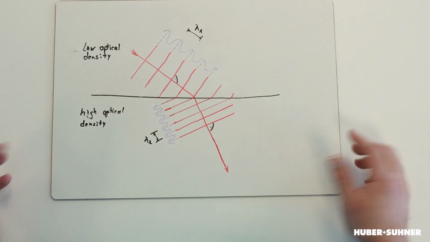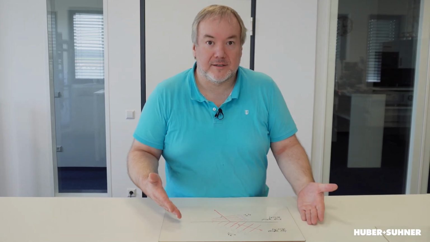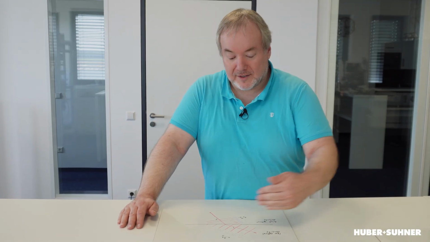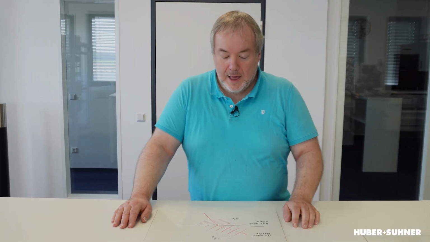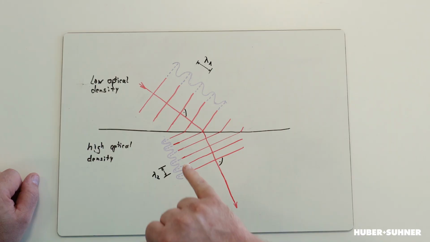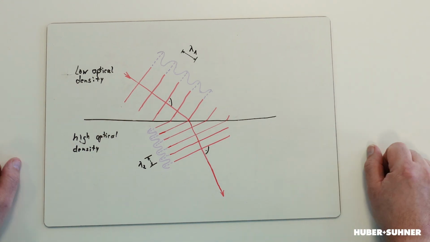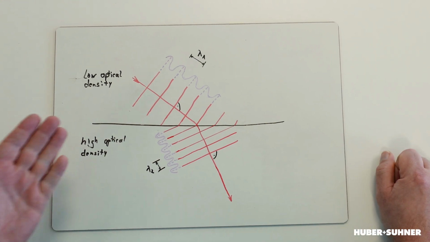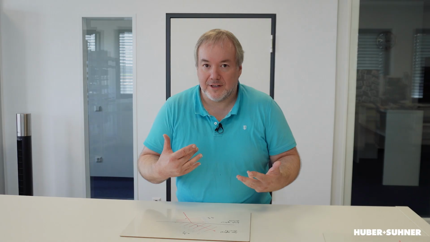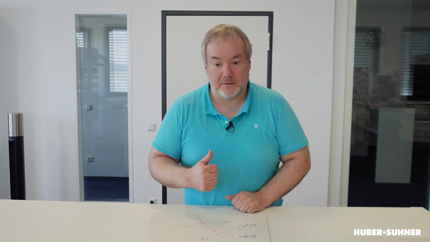Now, what happens if the incident beam has an angle and is not perpendicular? Here we have practically the same setup. The incident beam now has an angle, and the point where we have to look up closer is the interface here. We see the wavefront here, and it's pure physics that the wavefront has to go continuously from one material to the other material.